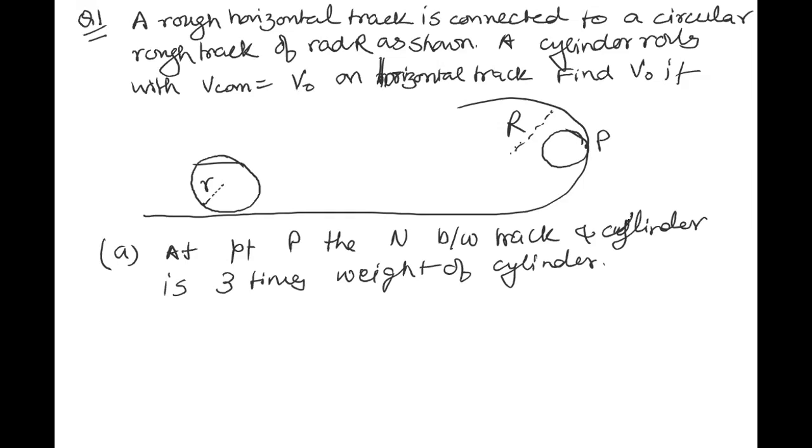So you have to find V naught such that at point P, the normal reaction between the track and the cylinder is 3 times the weight of the cylinder.